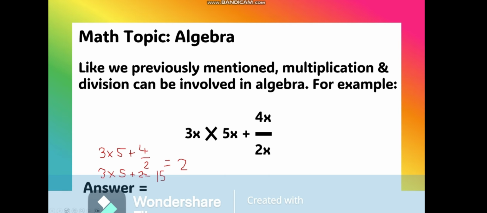And then, 15 plus 2 because we have the remaining one here. So that would be 17. And once again, add the letter. So we've got 17x for our answer.